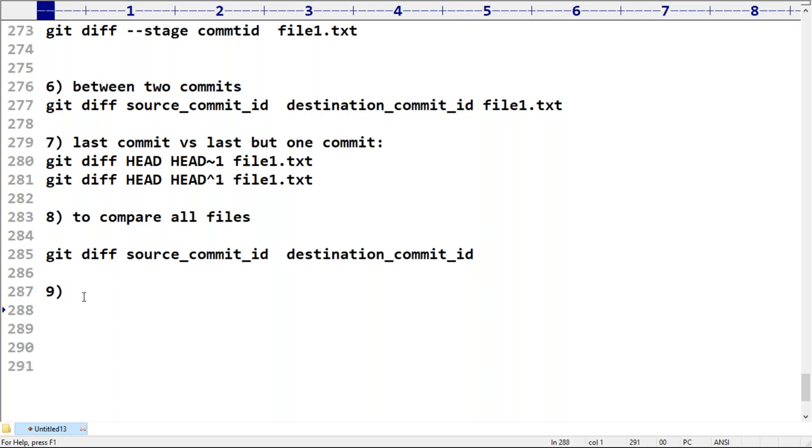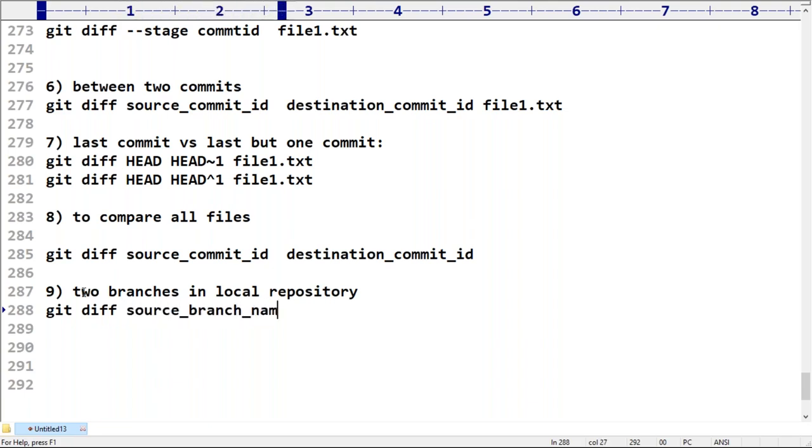Next, two branches in the local repository: git diff source branch name, destination branch name.